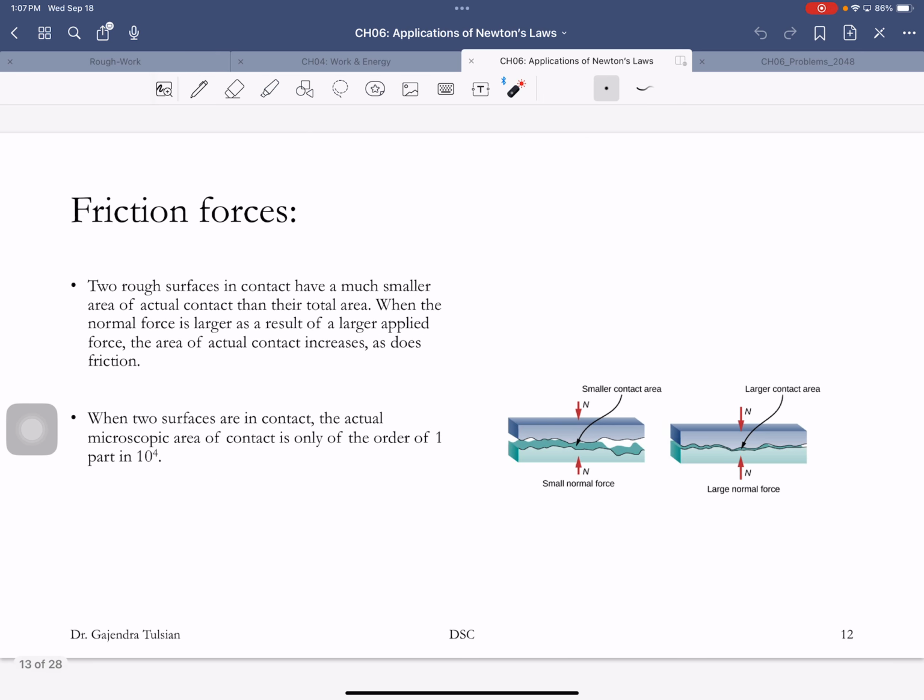Two surfaces in contact: the actual microscopic area of contact is only of the order of 1 part in 10,000. So the actual area of contact is very small.